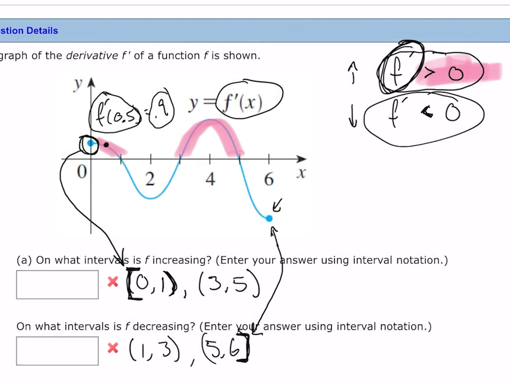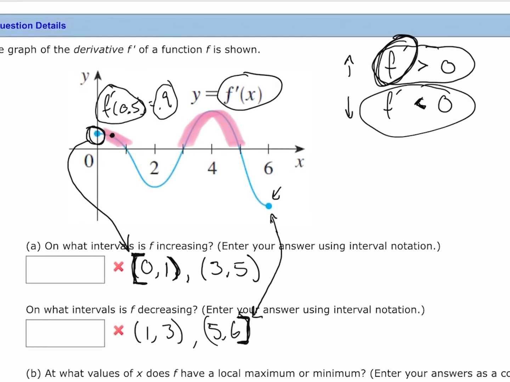Therefore, the function should have a positive slope there. So be sensitive to that from software to software and professor to professor. You're going to be asked to answer these questions in very certain ways for hopefully very specific reasons.